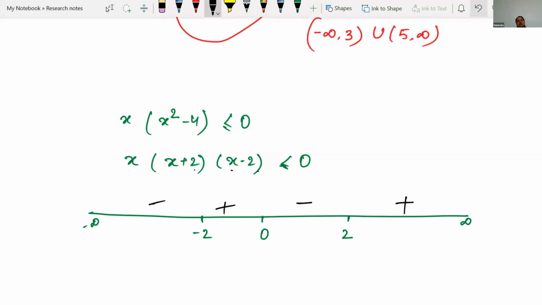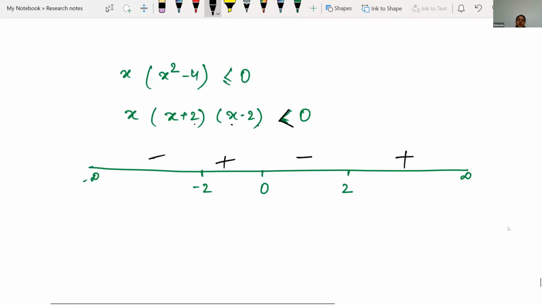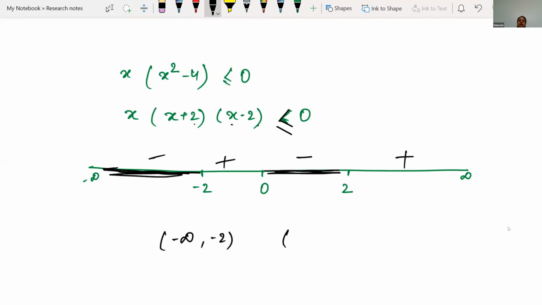It's just one more thing we are adding over here. Now what we need is less or equals to 0. That means this interval, the negative one, and this interval, the negative one. Can you see both the intervals? Now we will be taking minus infinity to minus 2, and the other negative, that is 0 to 2, directly without even doing anything.